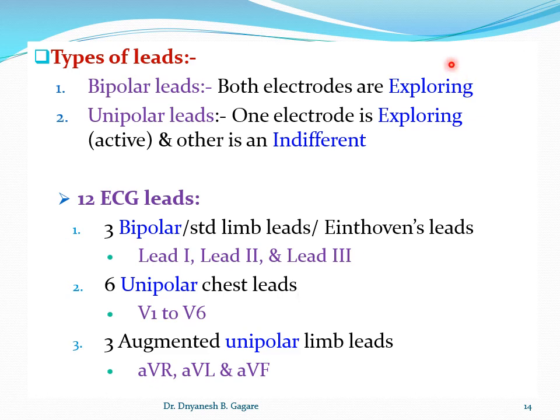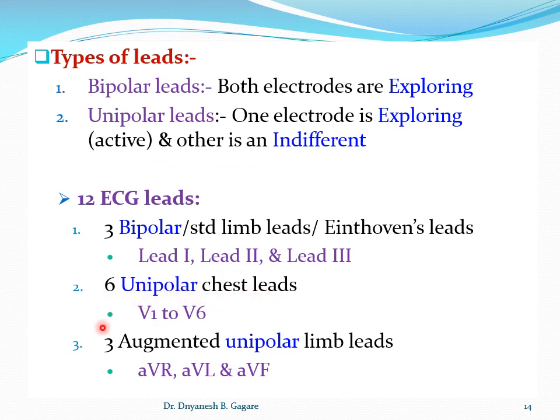Because we keep the exploring electrode on the chest. And depending on where we keep the exploring electrode on the chest, we get 6 combinations, that is 6 leads: V1, V2, V3, V4, V5 and V6. Like this we have 6 leads under the chest leads.